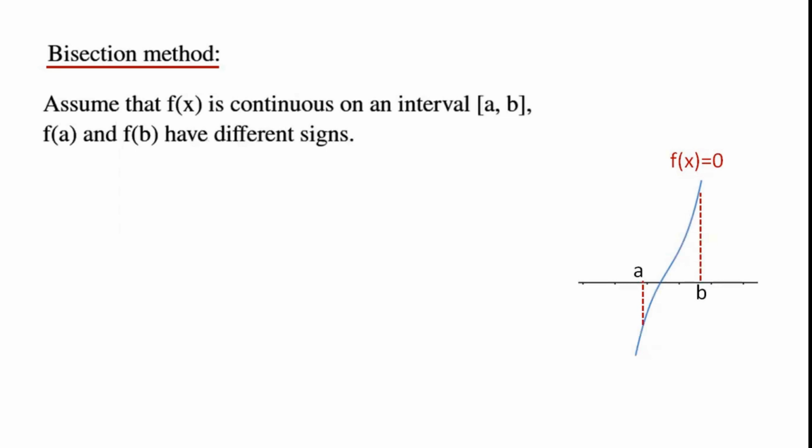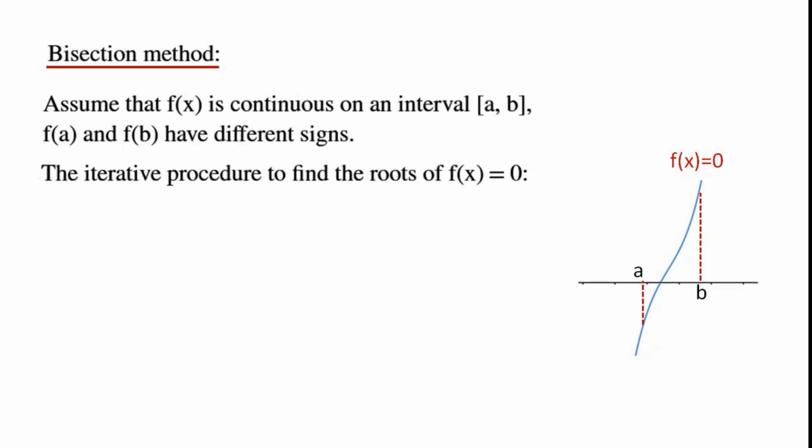Assume that f of x is continuous on a closed interval a, b, and f of a and f of b have different signs. The iterative procedure to find the roots of f of x equals 0: First, we set a1 to be equal to a, b1 to be equal to b, and i to be equal to 0.